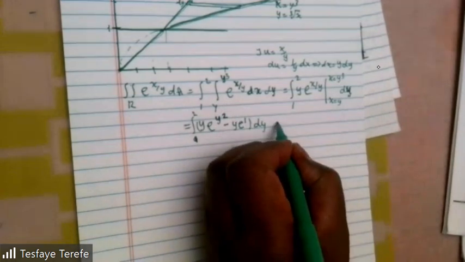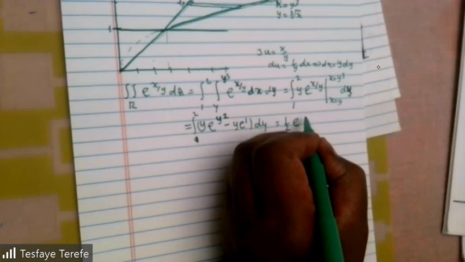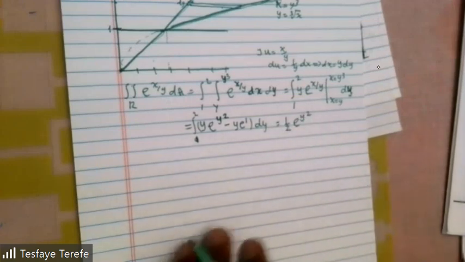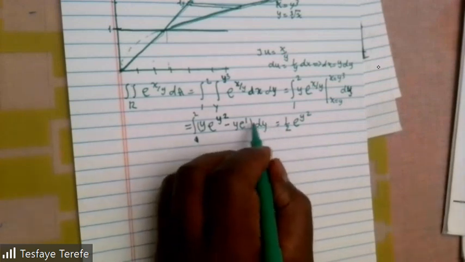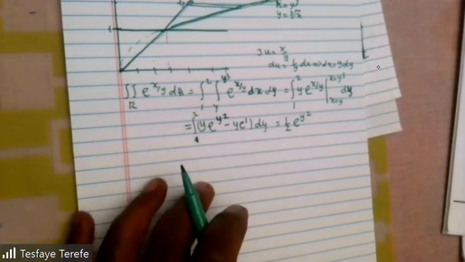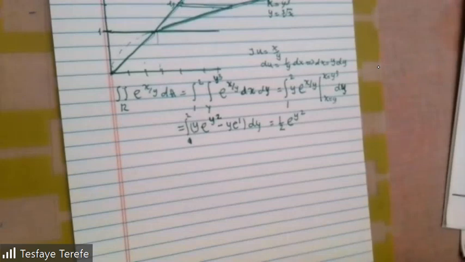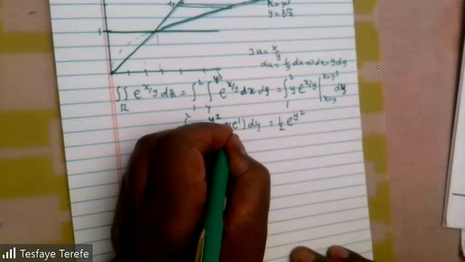As a result, this integral becomes 1 over 2 e raised to y squared. And now I have e and I have y, so these two are not going to be a simple product. Therefore, I have to do integration by parts. Am I right, guys?